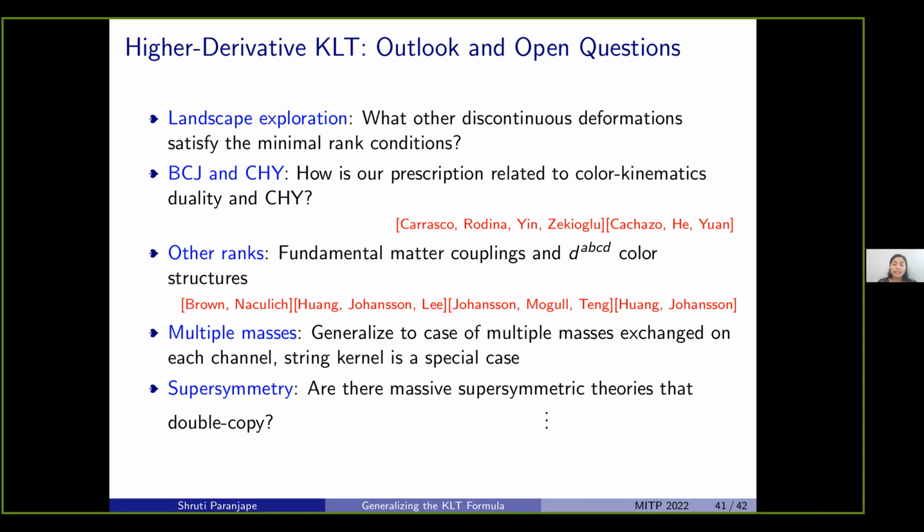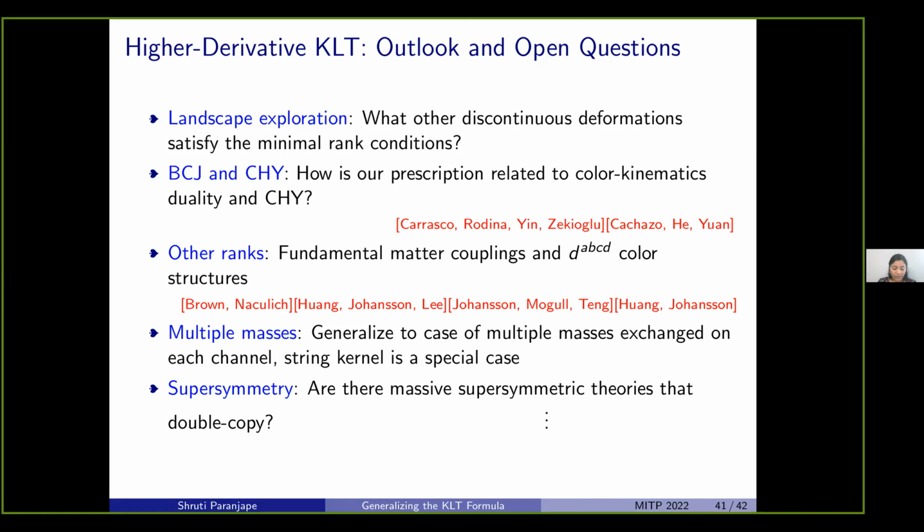The second is there's been work by Carrasco, Rodina, Yin, and Zekioglu, where they have a way of writing down effective field theories and enumerating what kinds of operators you can have in them via BCJ color-kinematics. And it would be interesting to see exactly how our procedure maps onto theirs.